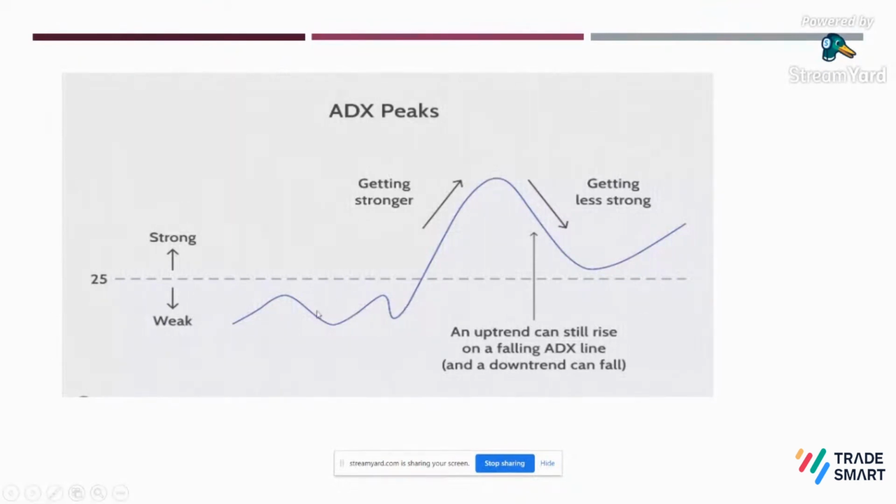So as soon as it crosses the 25 level and gets stronger, and when it either stalls or goes a little down, there is a misconception in people's minds that the trend is reversing, so they usually come out from their position.